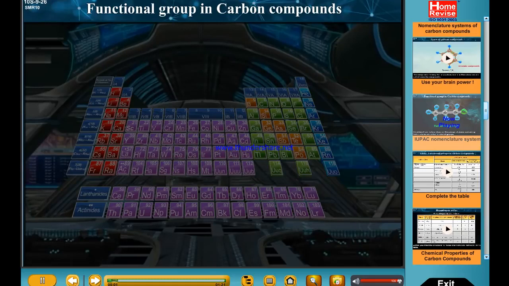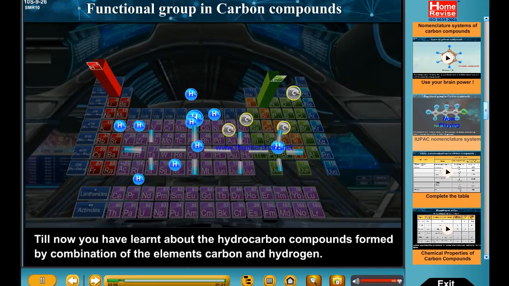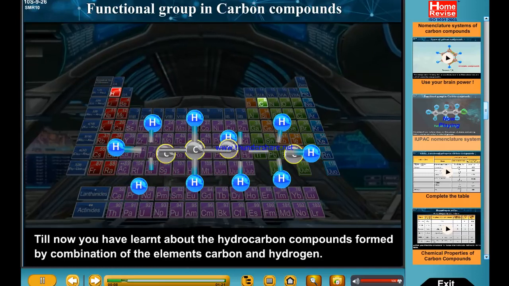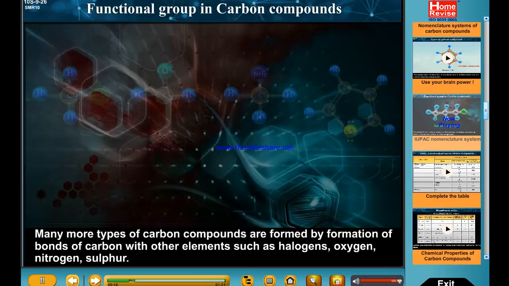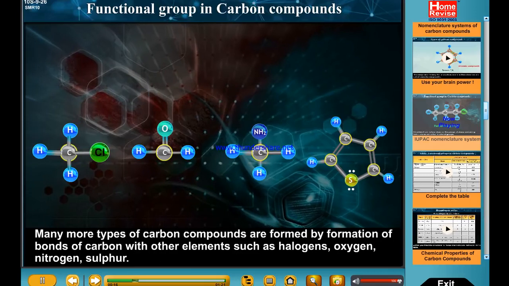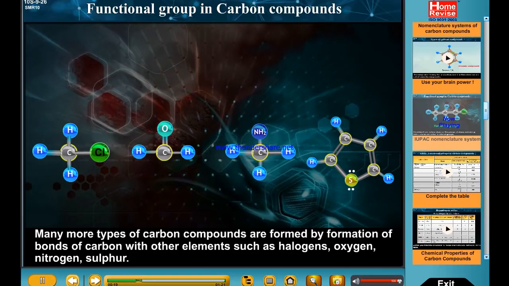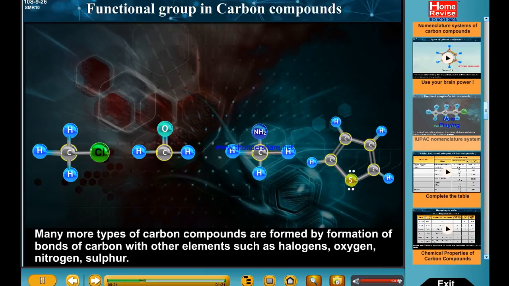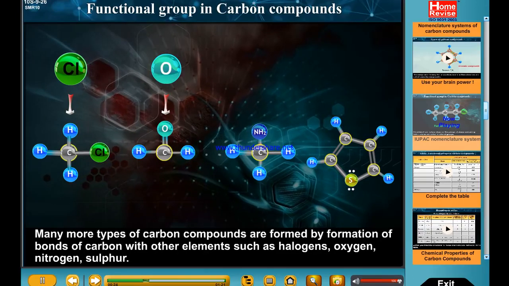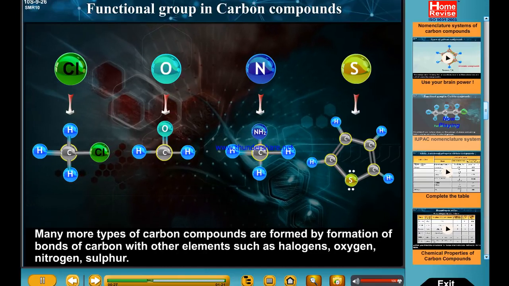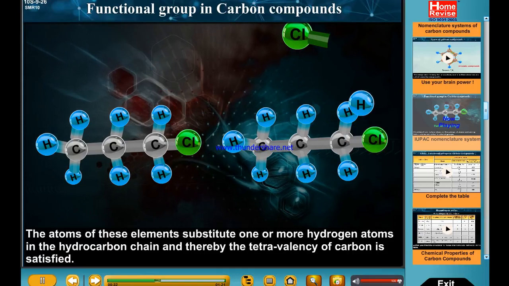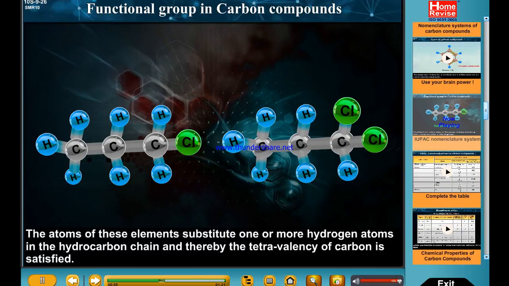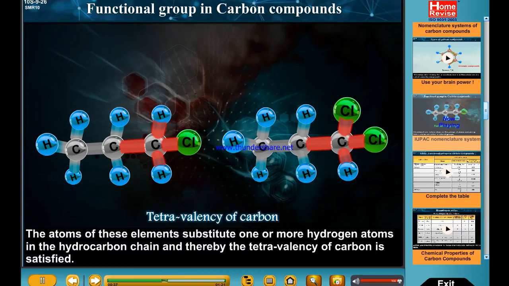Functional groups in carbon compounds. Till now you have learnt about the hydrocarbon compounds formed by combination of the elements carbon and hydrogen. Many more types of carbon compounds are formed by formation of bonds of carbon with other elements such as halogens, oxygen, nitrogen, sulfur. The atoms of these elements substitute one or more hydrogen atoms in the hydrocarbon chain, and thereby the tetravalency of carbon is satisfied.